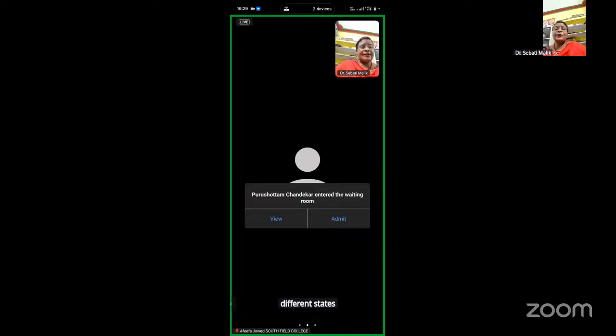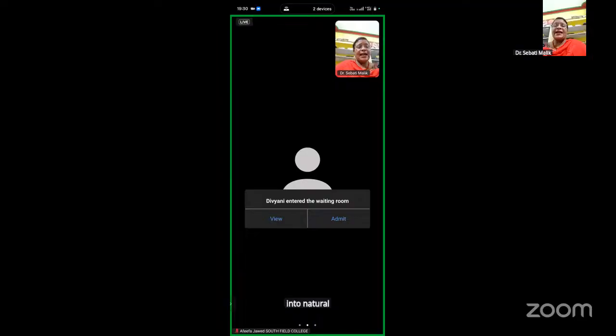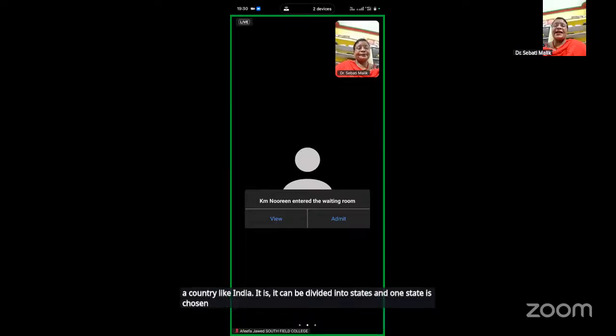A company may be divided into departments, and one such department is studied. Then data can be collected.